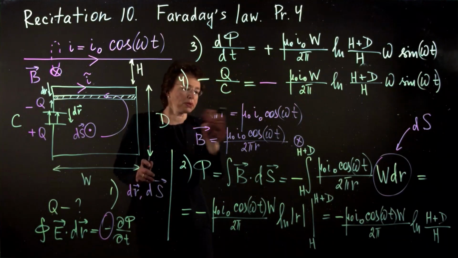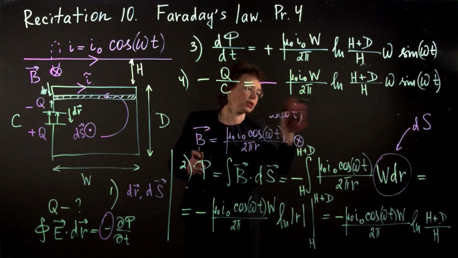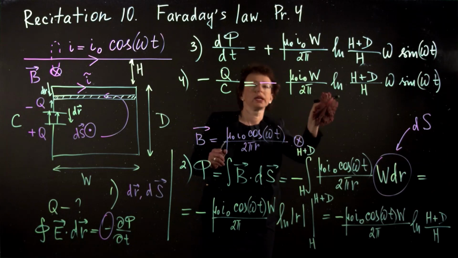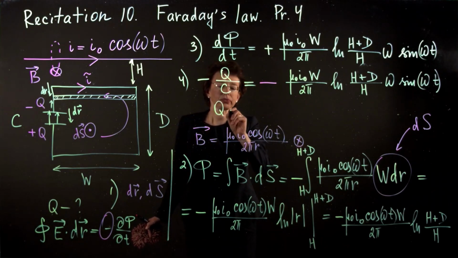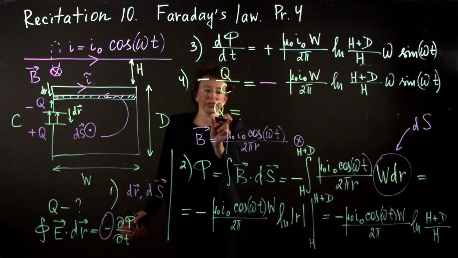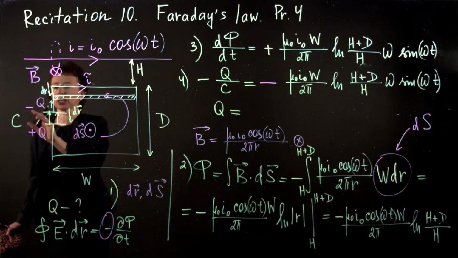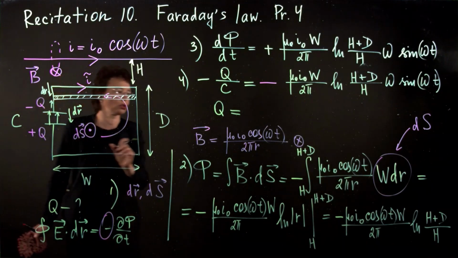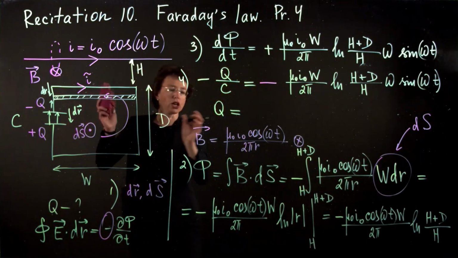I erase the magnetic field that we already used, and we will write the final answer. Q. I remind you that this Q is the magnitude of the charge here. We already took into account that it is negative. We put the negative sign here. That was our choice. So this Q is positive, and it makes perfect sense.